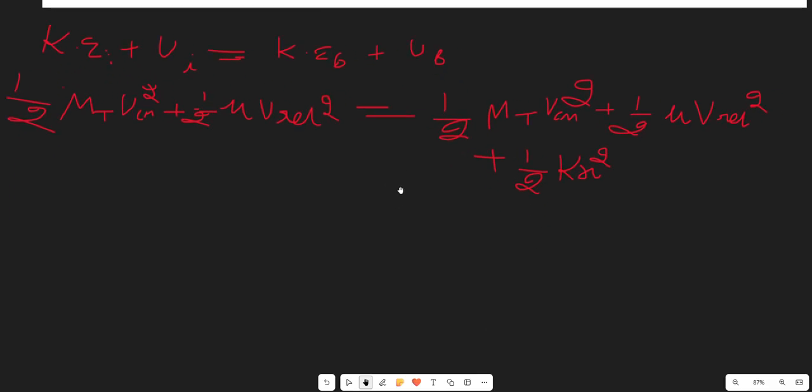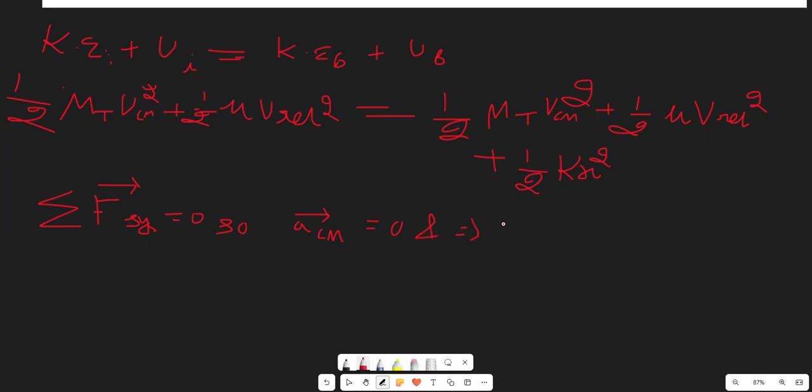Now, as we know, the external force on the system is zero. So acceleration of center of mass will be zero, and this implies velocity of center of mass will be constant.